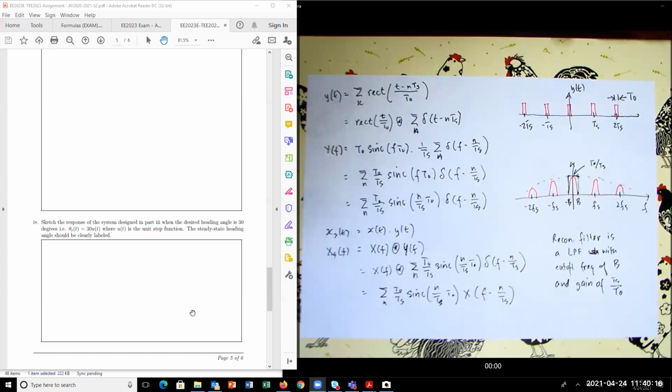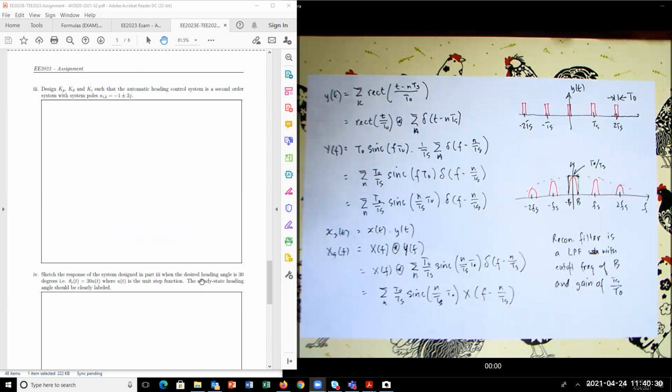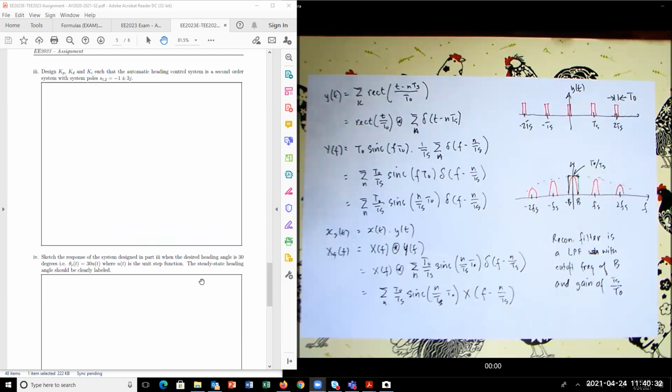That means you're given that theta r is 30. So we want the output, right? In a stable system, the output should settle to 30, right? No, not necessarily. It depends on what the function is. I cannot remember now because I have to look at the solution. The transfer function is theta over theta r.